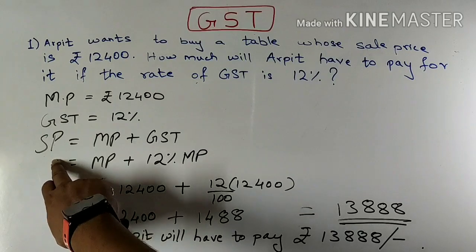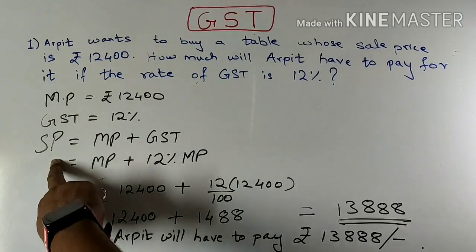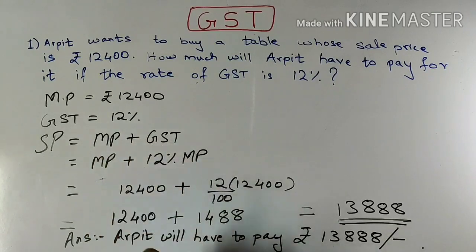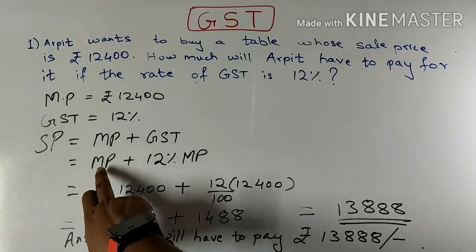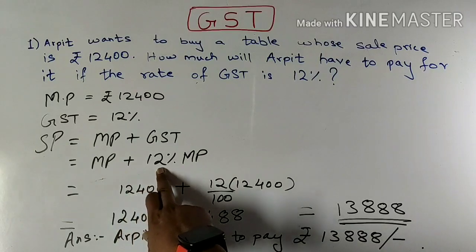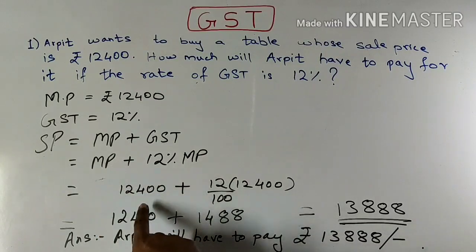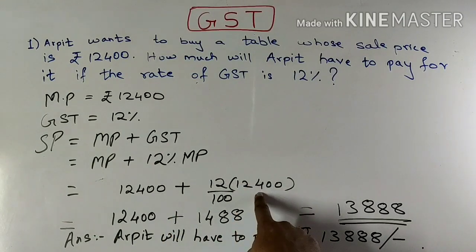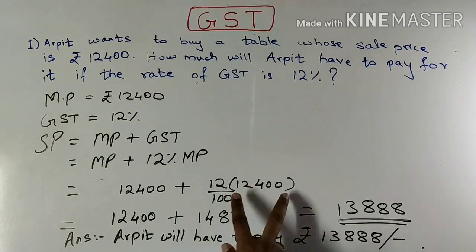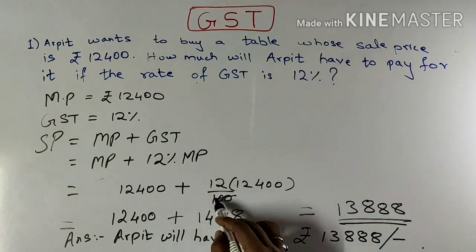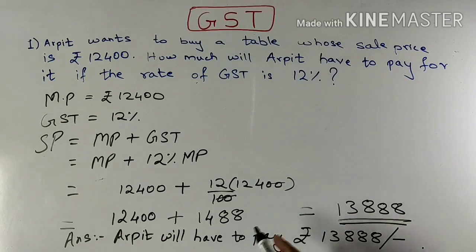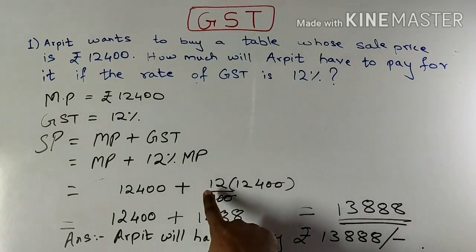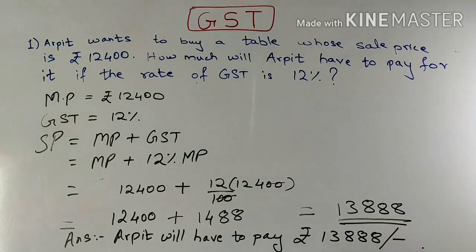So selling price, or in other words Arpit's purchase price, will be marked price plus the GST, the tax that is supposed to go to the government. So my marked price plus 12% of marked price, that is 12,400 plus 12 by 100 into 12,400. After simplifying, you divide 12,400 by 100, you get 124, and multiply 12 by 124, you will get 1,488. So Arpit will have to pay rupees 13,888.